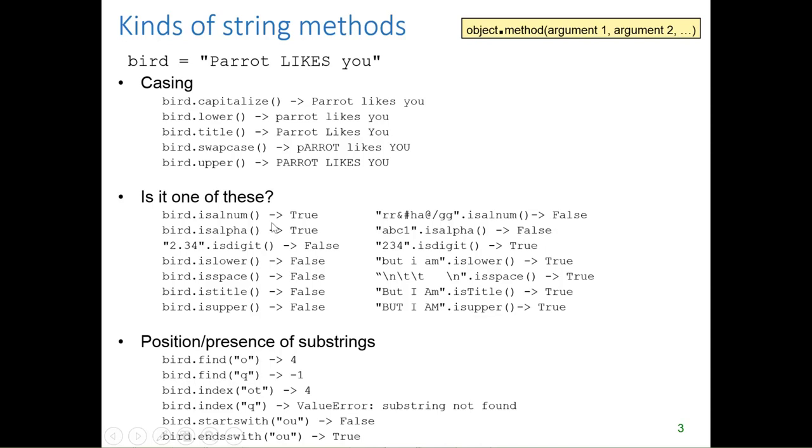I'm using this notation a little bit like they use it in the help, with the arrow showing what would be returned to the right of the arrow, and the function call on the left of the arrow. Notice that 2.34.isdigit returns false, but 234 returns true. So you can't have any other characters, not even a decimal in there. It's looking for the numeric digits only.